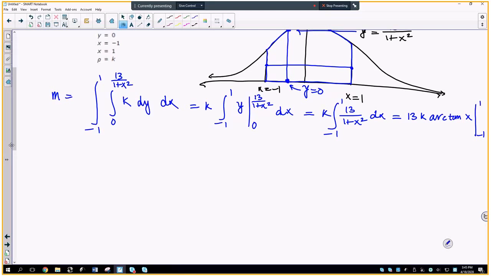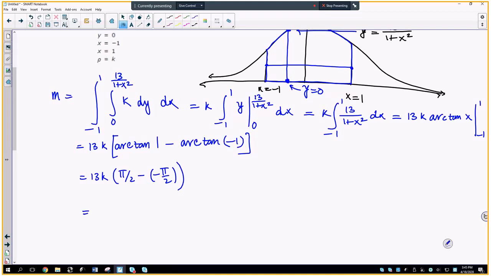So I get is equal to 13 times k, arctangent of the upper limit, which is 1, minus the lower limit, which is -1. Remember, arctangent of 1 is pi over 2. And arctangent of -1 is minus pi over 2.